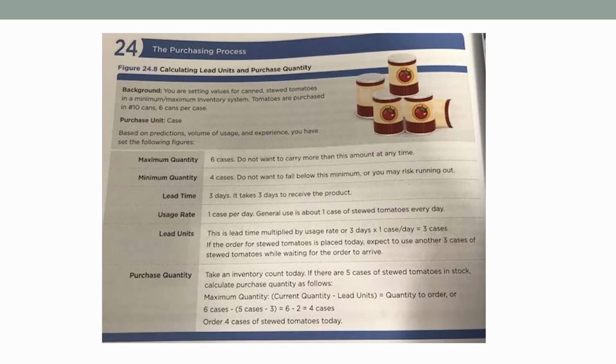After I use the 3 that I'm going to use by the time the order gets there, I'll only have 2 left. So I'll still have 2 on the shelf. I want my shelf to stay at 6. So I'm going to order 4 cases. That way when that arrives, those 4 cases plus those 2 left over that I haven't used in these 3 days will equal that 6 cases that I want to have on hand.